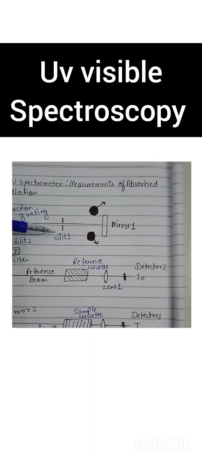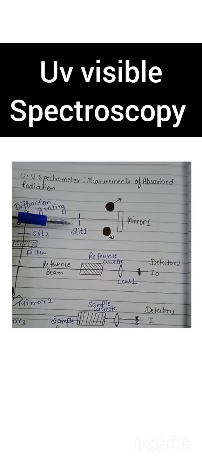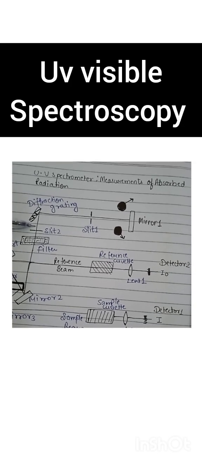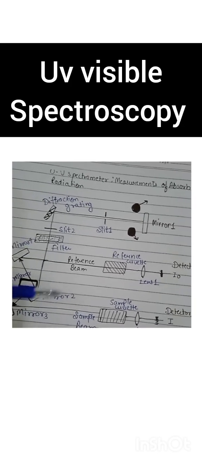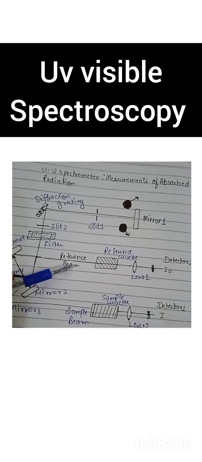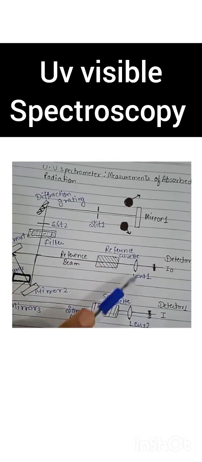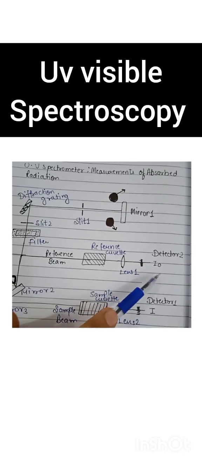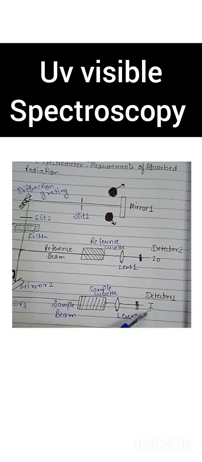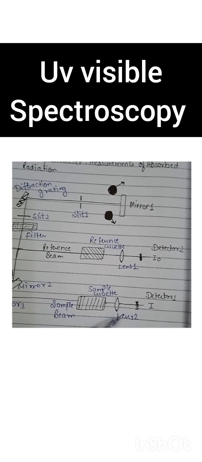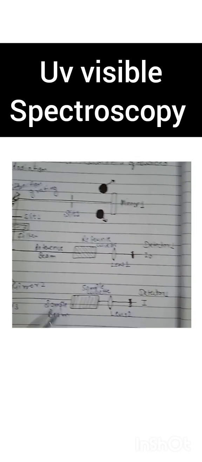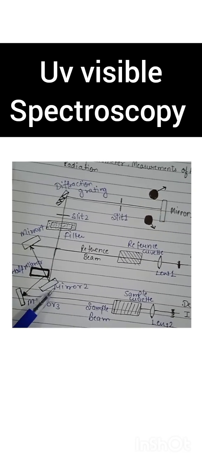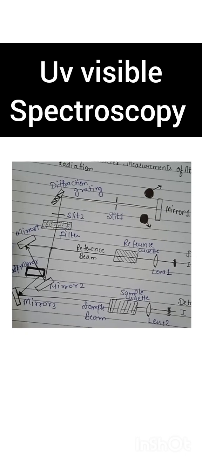And firstly the light emits from the slit 1, then it goes to the diffraction grating, that is slit 2, that is filter, that is our reference beam, reference cuvette, lens 1, this is our detector I note, this is one, and the lens 2, sample cuvette, sample beam, this is mirror 3, this is mirror 2, this is half mirror, and this is mirror 4.